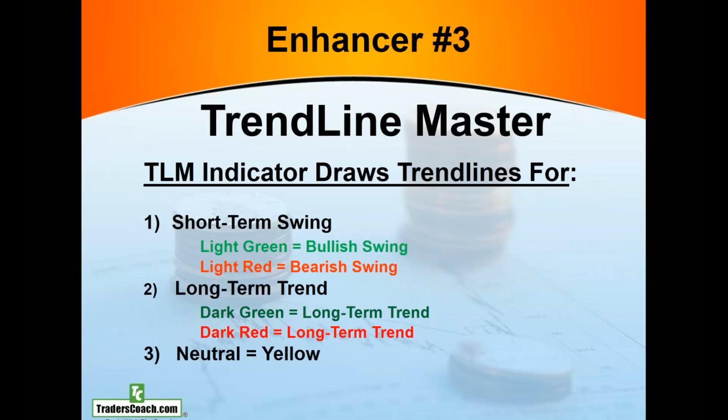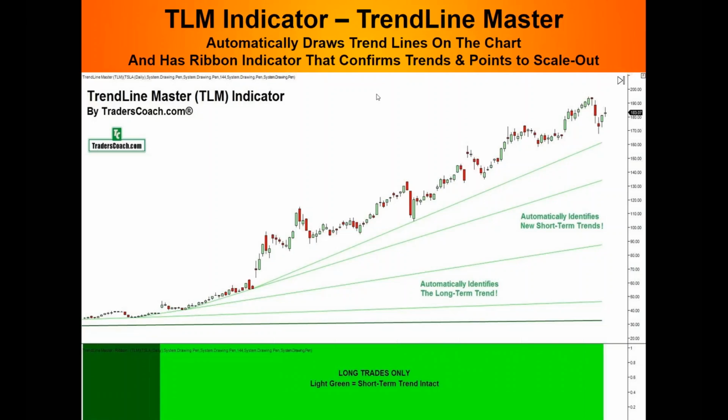All right, and then finally the third enhancer is basically an automatic trend line drawing indicator. And again, what it does is it automatically draws trend lines on your chart. And it has short-term trend lines, intermediate, and longer term.